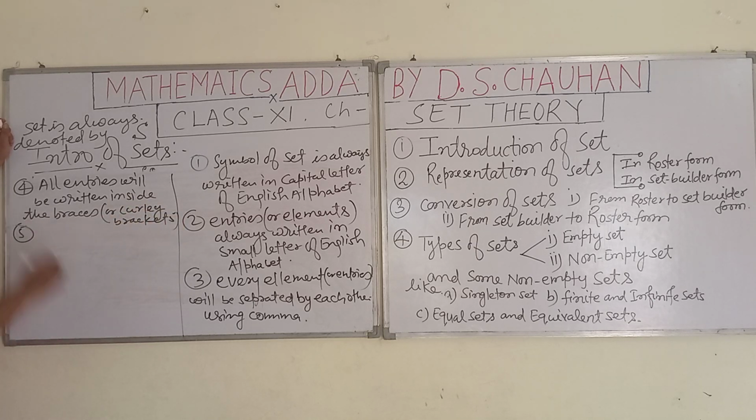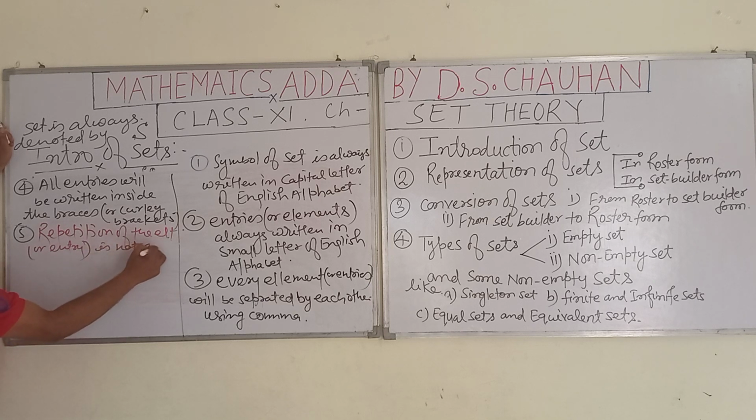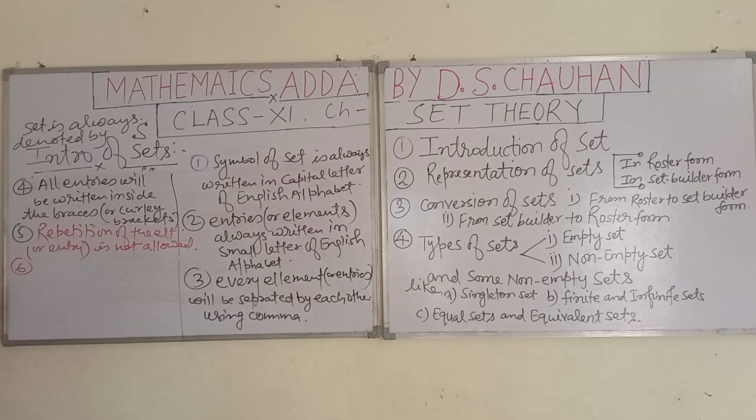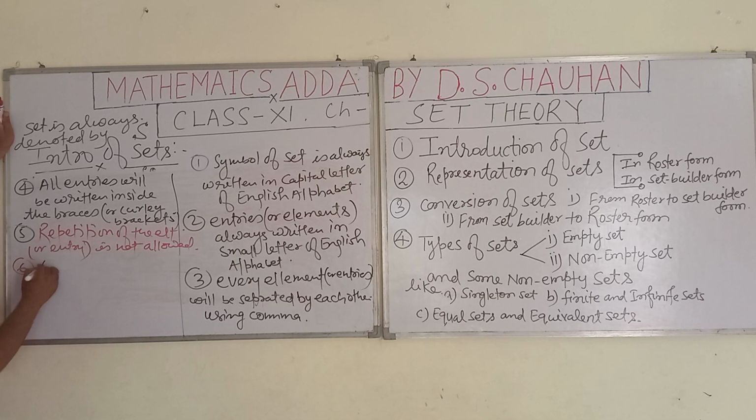Fifth point, students, repetition of the elements is not allowed. Repetition of the element or entries is not allowed. 6th point, order is immaterial.